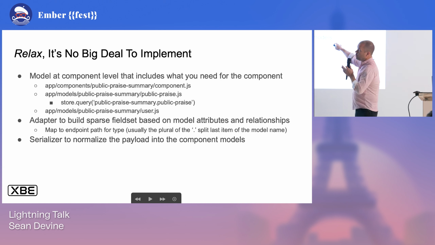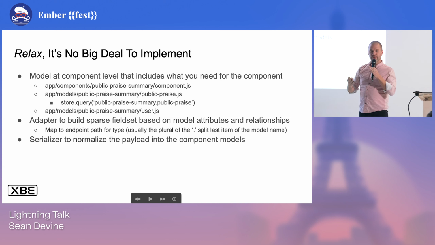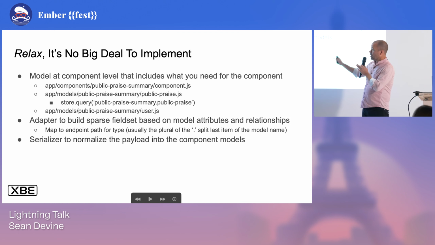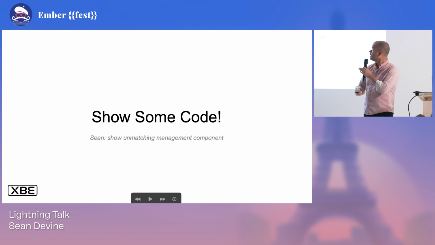Of course, I don't have an add-on for you to use to do all this, but sorry, again, it's a lightning talk. If I was here for the full talk, you'd have an add-on. Anyways, the serializer will build the component models from the payload, and there you go. Again, you don't get any code in a lightning talk. So, sorry, no code.